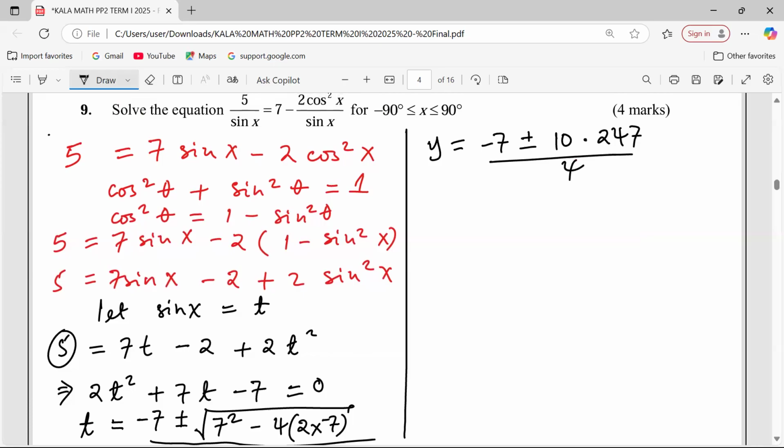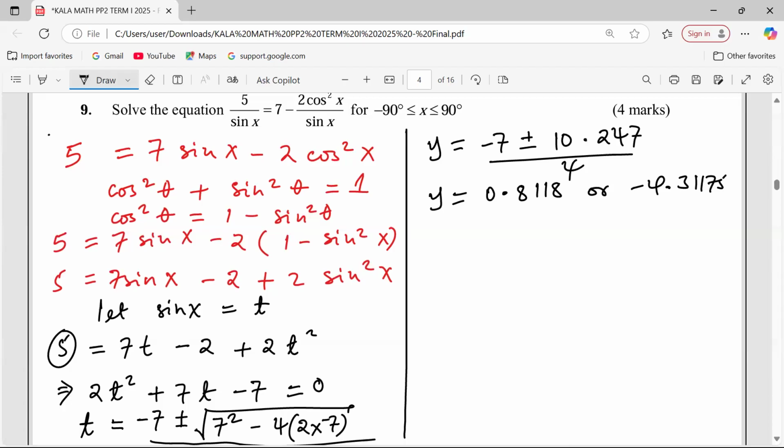Everything out of 4 that way. So we get the two values of y: y equals either 0.8118 or negative 4.311. Since we are dealing with a sine, we can't work with a value which is 1 or greater than that.